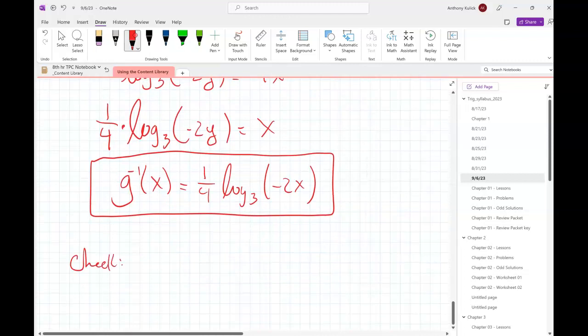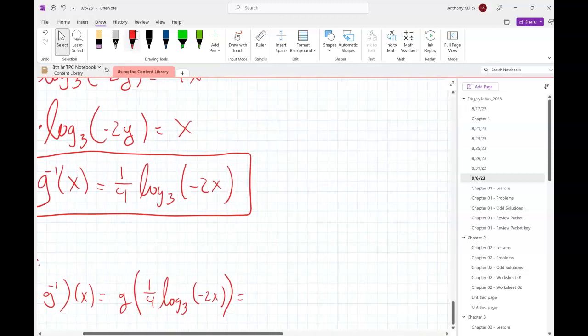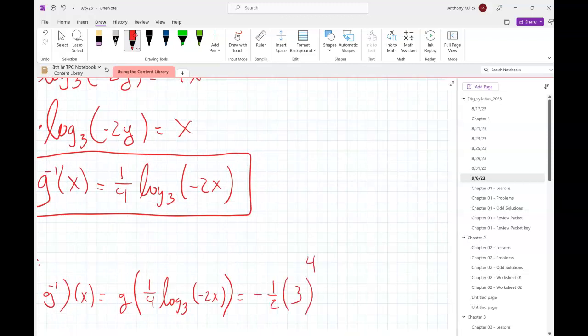I'm just going to check one side here in the interest of time, again, because we're starting to run a little bit short. So g is negative 1/2 times 3 to the 4, but instead of x, I'm going to write 1/4 log base 3 of negative 2x.